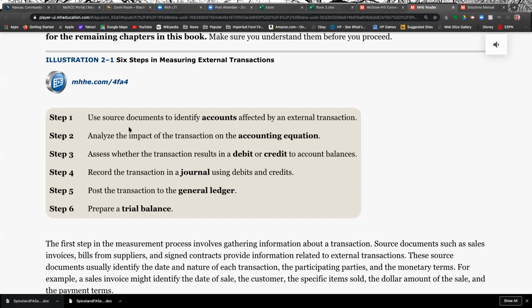Number 1, I didn't talk about because in a textbook, you really don't come across that, right? Number 1 says, use source documents to identify accounts affected by an external transaction. In other words, you don't make entries just because you feel like making them. You have documents to back them up. You have invoices, you have contracts, you have other pieces of paper that more or less indicate what you have to do.